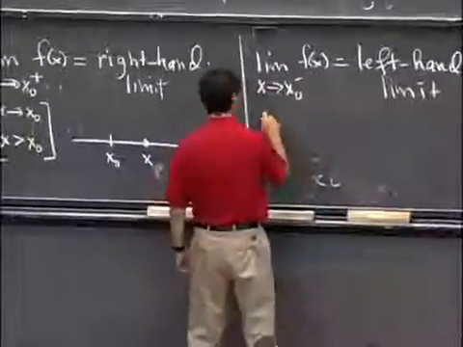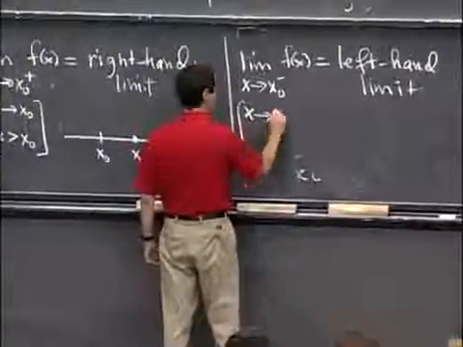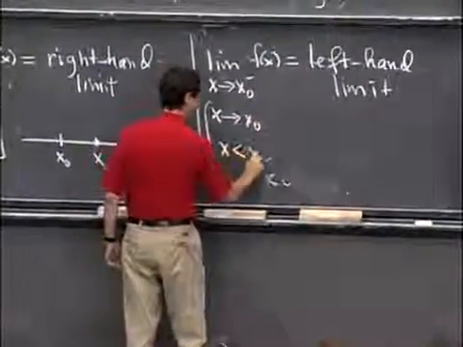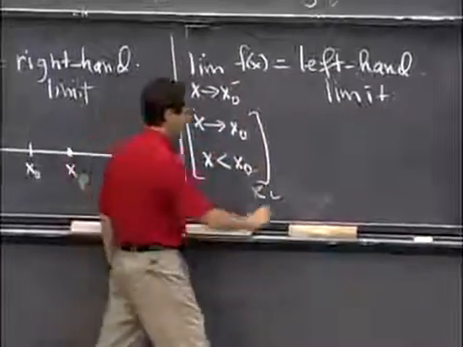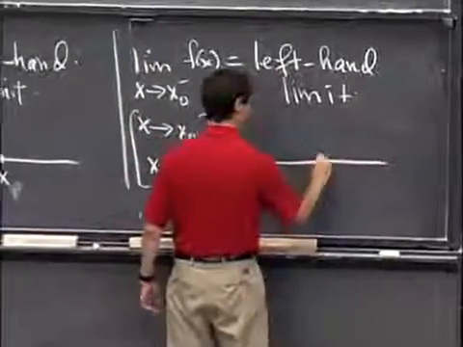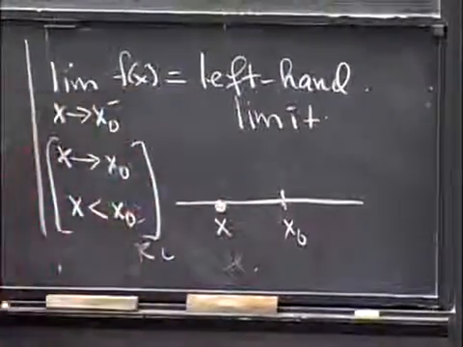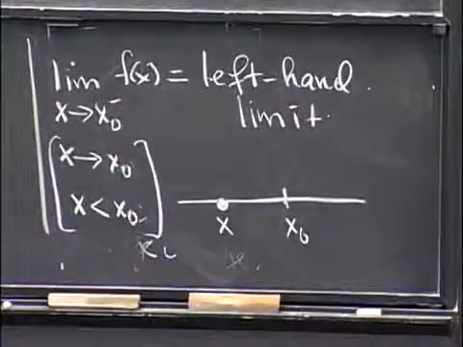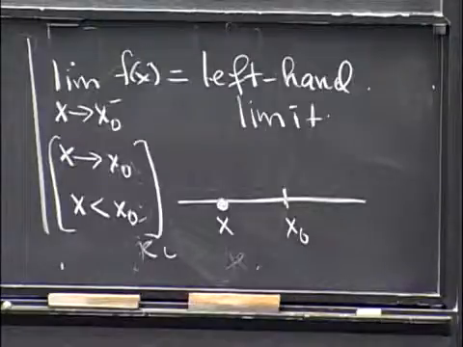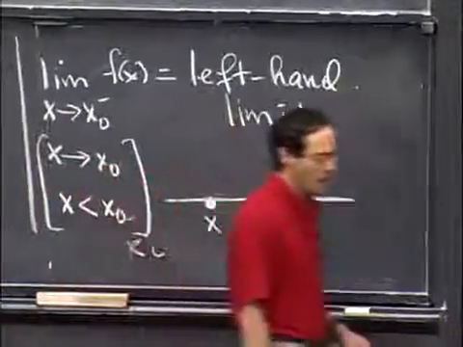And of course that just means x goes to x0, but x is to the left of x0. And again, on the number line, here's the x0, and the x is on the other side of it. Okay, so those two notations are going to help us to clarify a bunch of things.